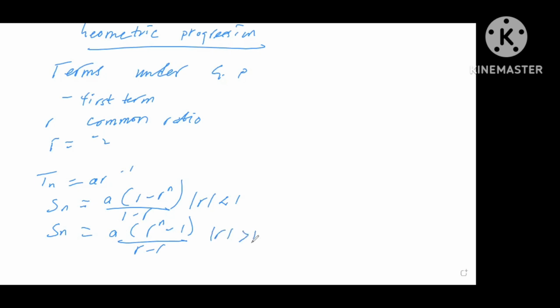Then the other formula that you have to know is the sum to infinity, which is given by a over 1 minus r. So these are the formulas that you have to consider when we talk about geometric progression.